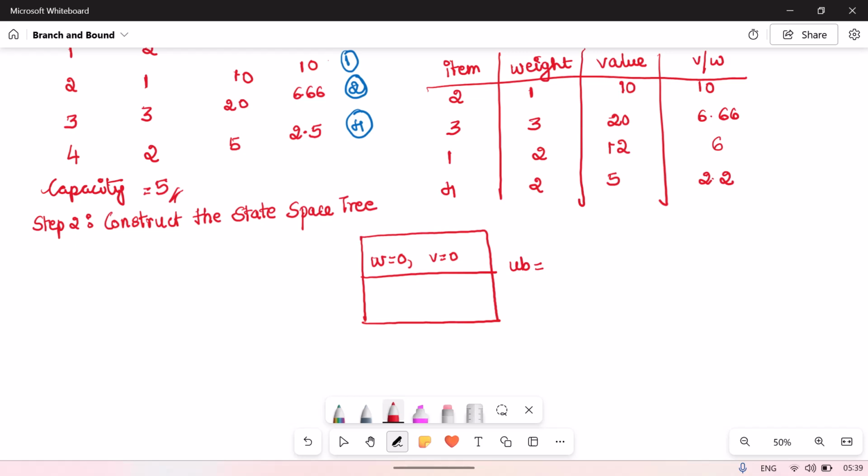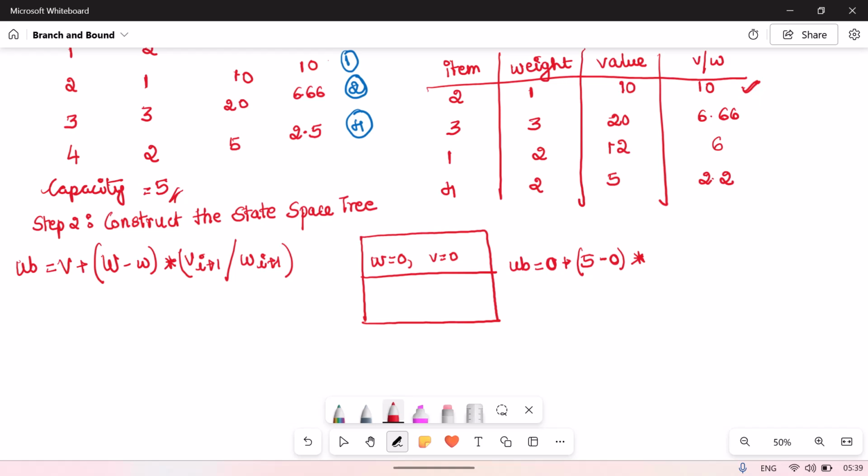So upper bound is, formula should I write? Upper bound is V plus capital W minus small w times V of I plus 1 over W of I plus 1. This is the formula. So value is right now 0 plus total capacity is 5 minus weight of the current item is 0 times, because it is 0th item, I will consider the weight of the next item.